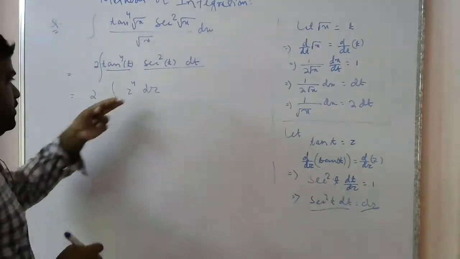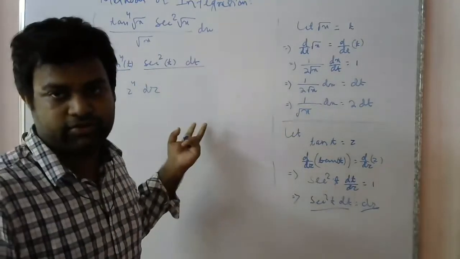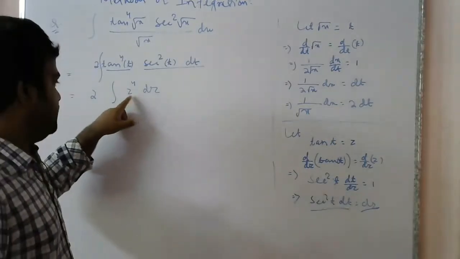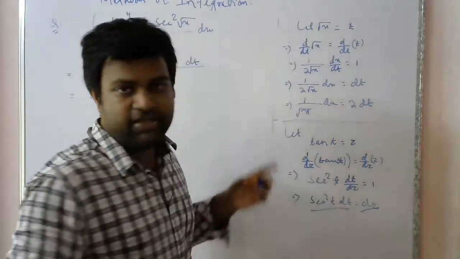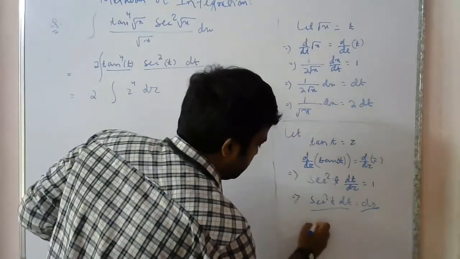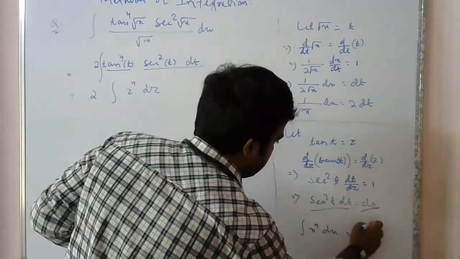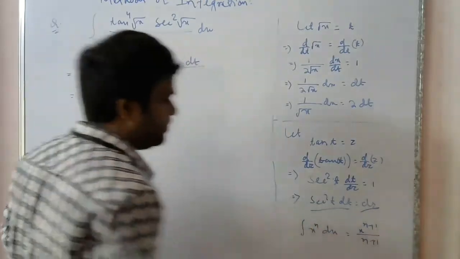Now you see, your t function is now transformed to a function in z. Now this is easy. Any variable x to the power n, you can use the formula easily. Integration of x to the power n dx is x to the power n plus 1 by n plus 1.